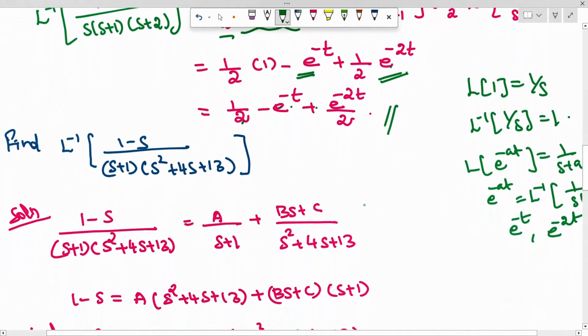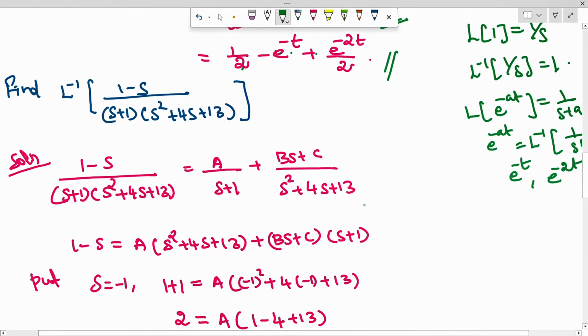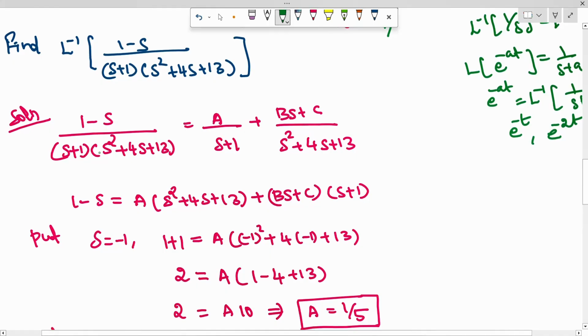Okay. Next problem. Find L inverse of 1 minus s by s plus 1 into s square plus 4s plus 13. In this problem also we are going to apply partial fraction method. Okay, this is our given F of s.